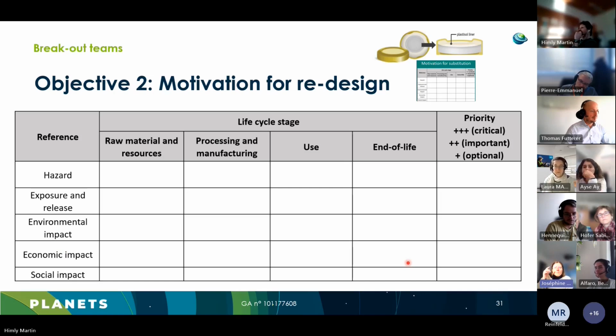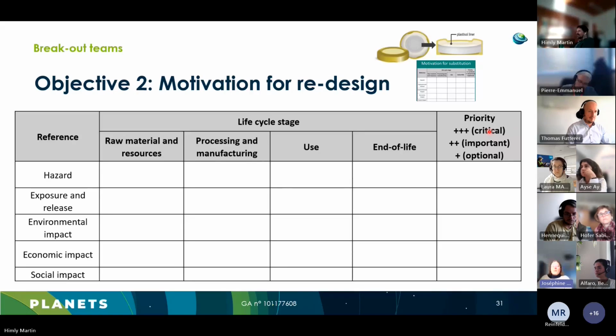So the priorities set by the case study in the right column should later on guide the weighing system for the final scoring. So we will not discuss scoring today, but in the assessment part, that's something important.